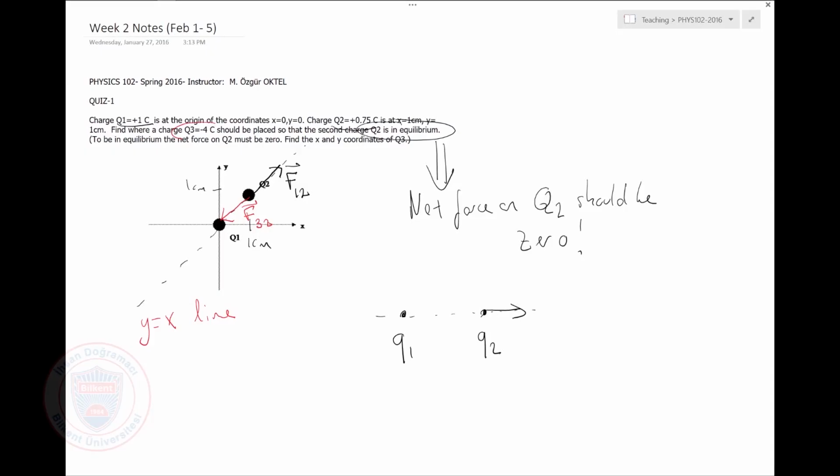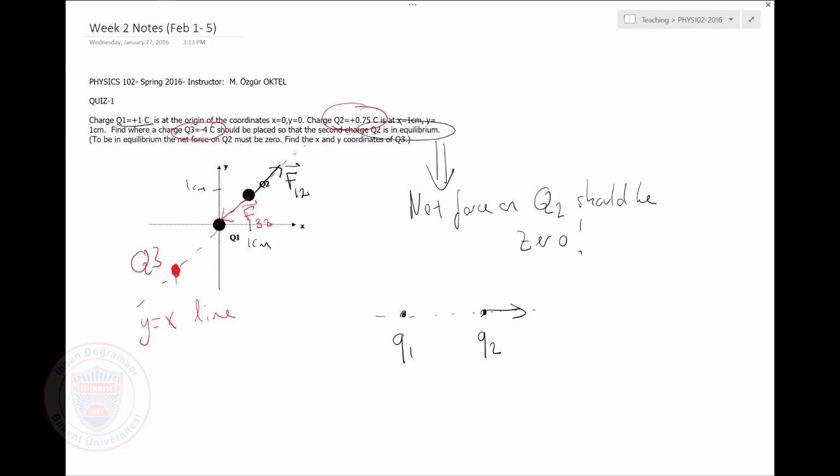Q3 is negative, Q2 is positive. So they are repulsing or attracting? They are attracting. So should I put Q3 to the left of Q2 or to the right of Q2? To the left, so that it actually attracts Q2. So I reason that Q3 should be somewhere here.